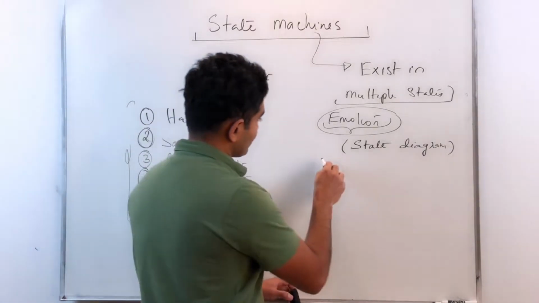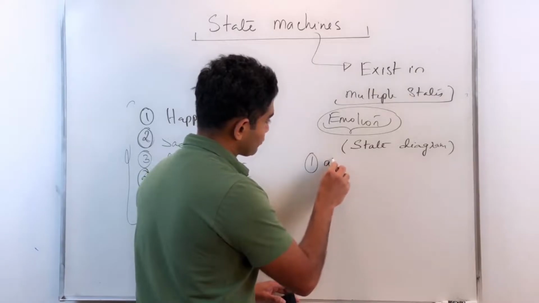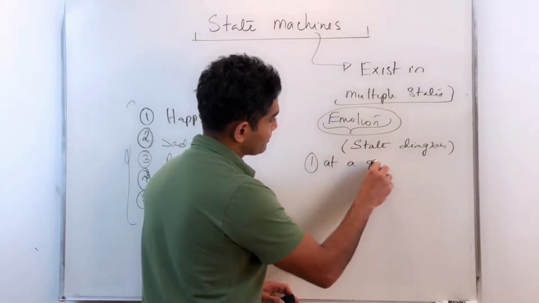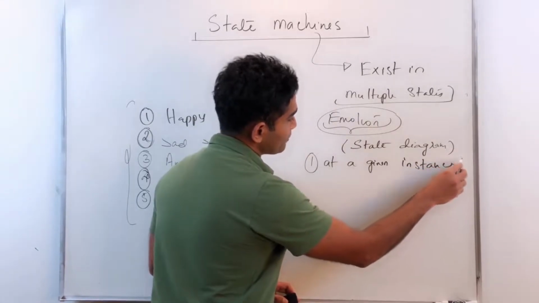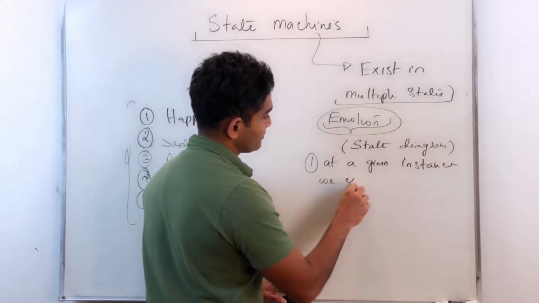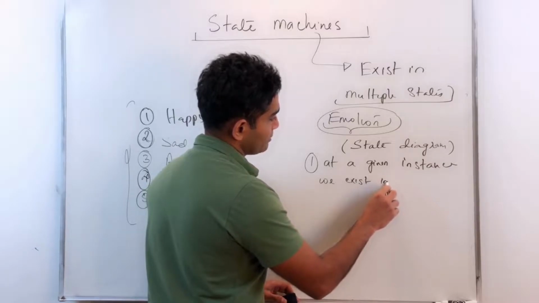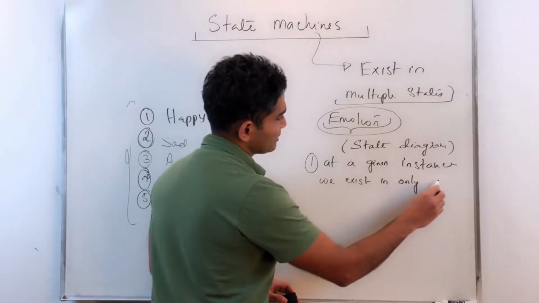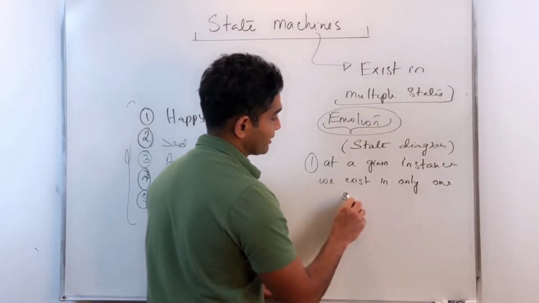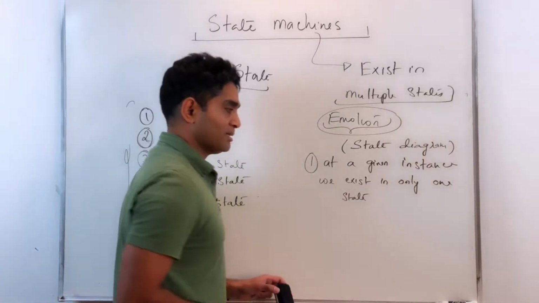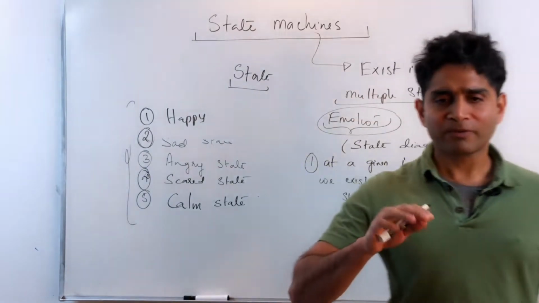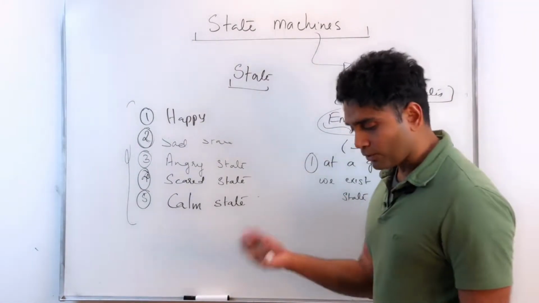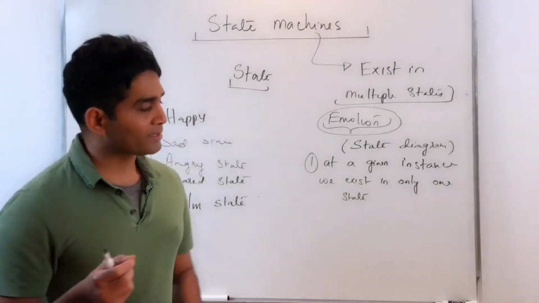Now what I'm saying is that, these are the observations, at a given time or a given instance, a human being exists in only one state, whether it's happy state, whether it's sad state. Of course, there are some people who may exist in multiple states at a given instance, but for the vast majority of us, we only exist in one state at a given time.